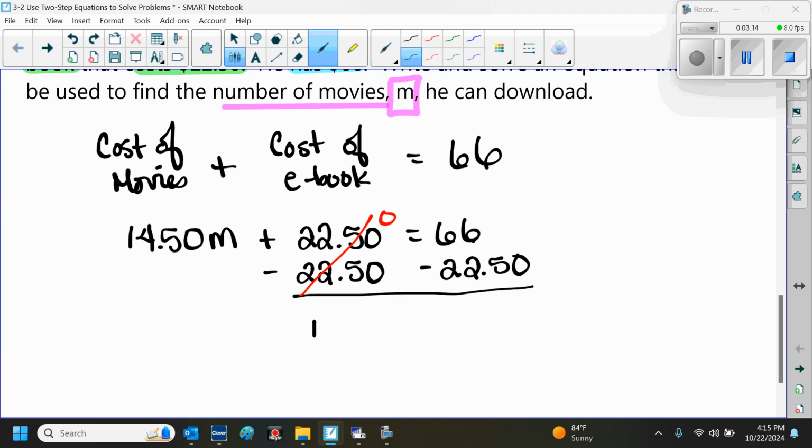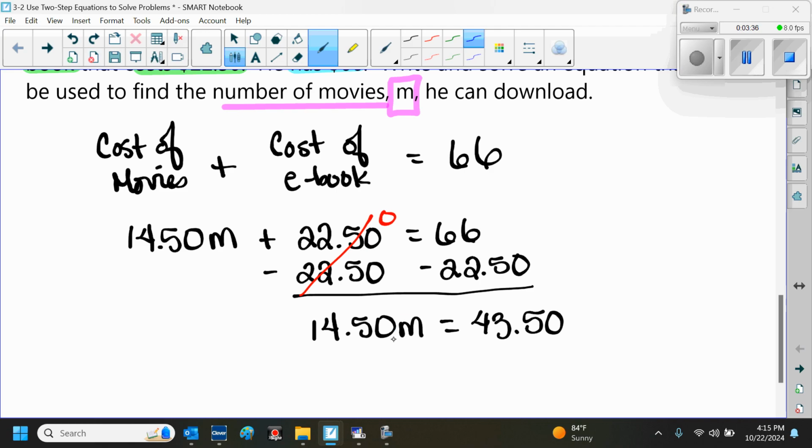So we've got $14.50 times M on that side, and on this side, we have $43.50. So now, using our cover-up, we want to get rid of the $14.50.